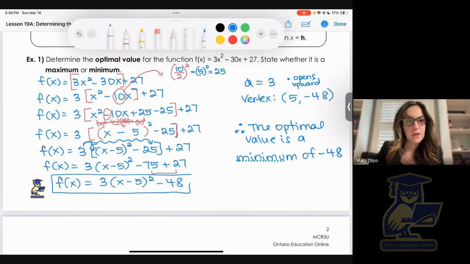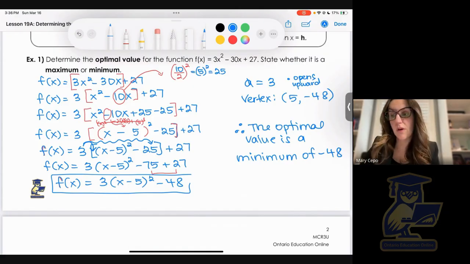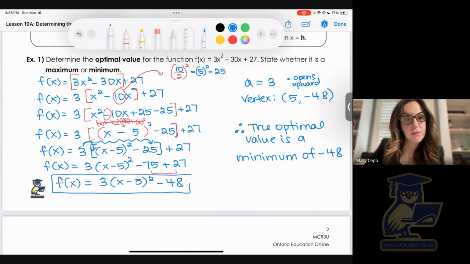When we're stating our optimum value, whether max or min, the a value tells me which it's going to be. A is positive, so it's opening upward, so we're going to have a lowest point, and that would be a minimum, and our minimum is negative 48.